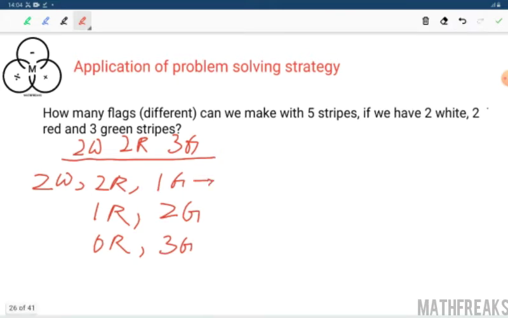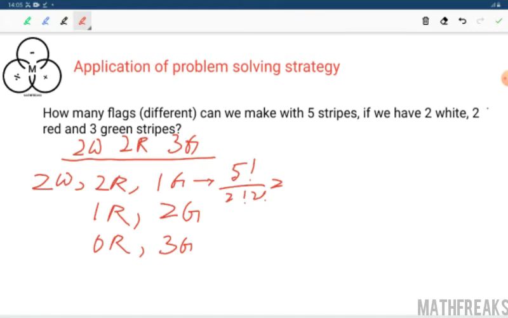How many cases are we getting from here? You simply find 5 factorial over 2 factorial, 2 factorial, because of repetition. Apply your logic, guys.